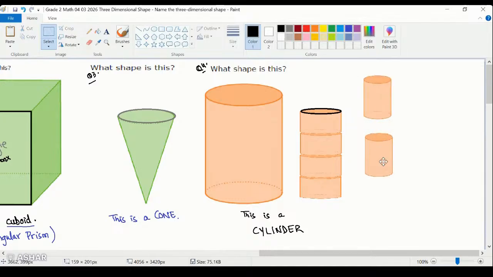Okay, and we make another copy over here. Let's say both the sides of the cylinder were closed, the top side and the lower side.